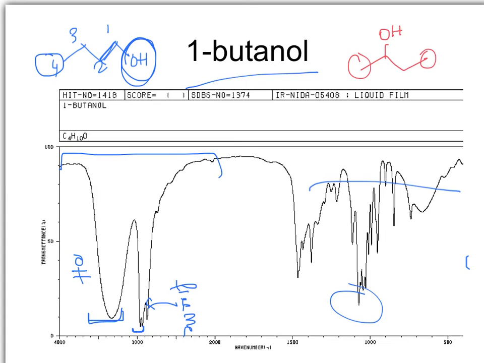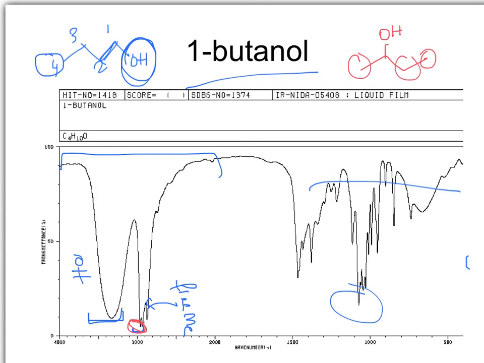It's going to look pretty much the same. And then we have the CH and the CH2s clumped together right in this range. So do you expect the isomer of 1-butanol to show up at a different spot? The answer should be no. Since IR basically is giving you information on the functionality, 1-butanol and 2-butanol are going to look exactly the same.